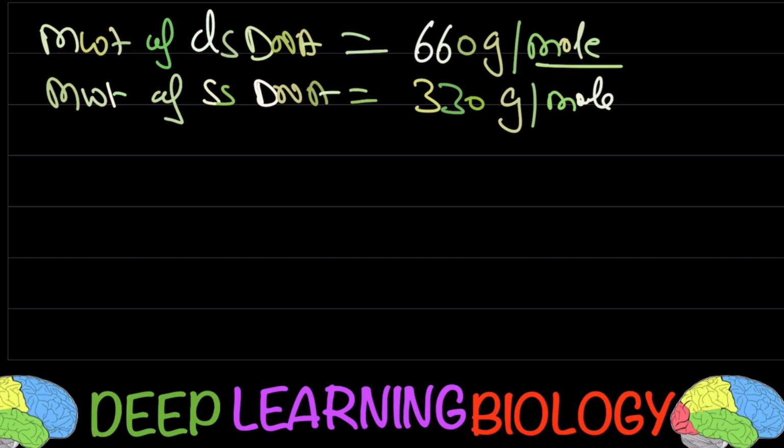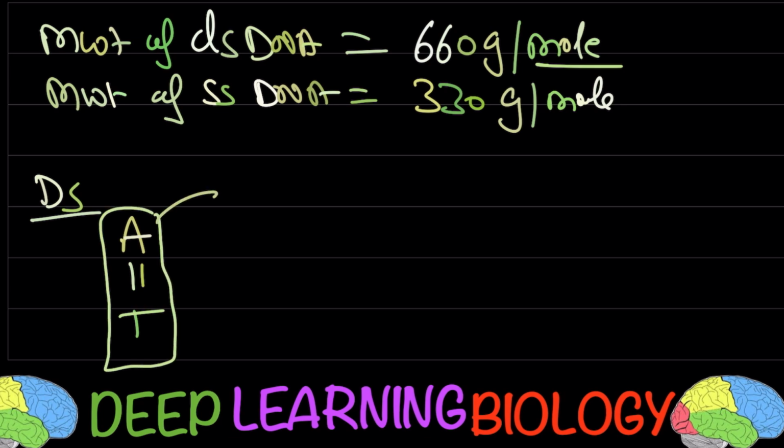Try to see here, double stranded DNA. Let's take one nucleotide pair, A is paired with T. Now in DNA you are going to have nucleotides arranged. Let's suppose you have nucleotide pairs, how many? 6.023 into 10 to the power 23, like this.